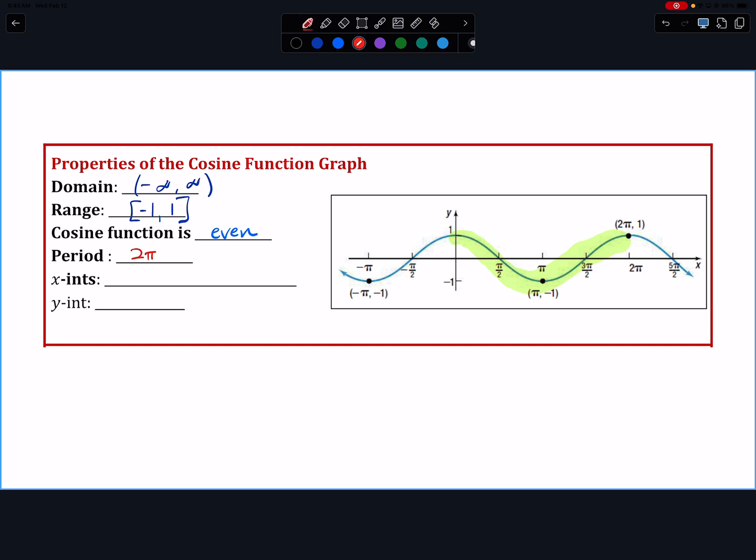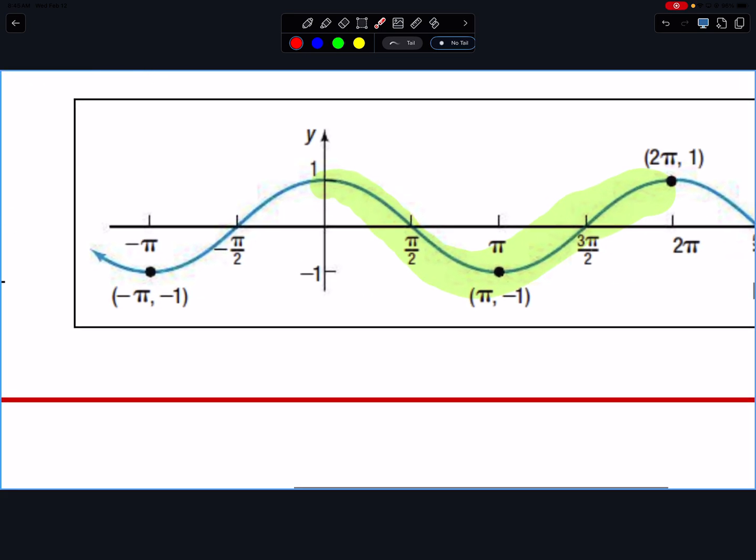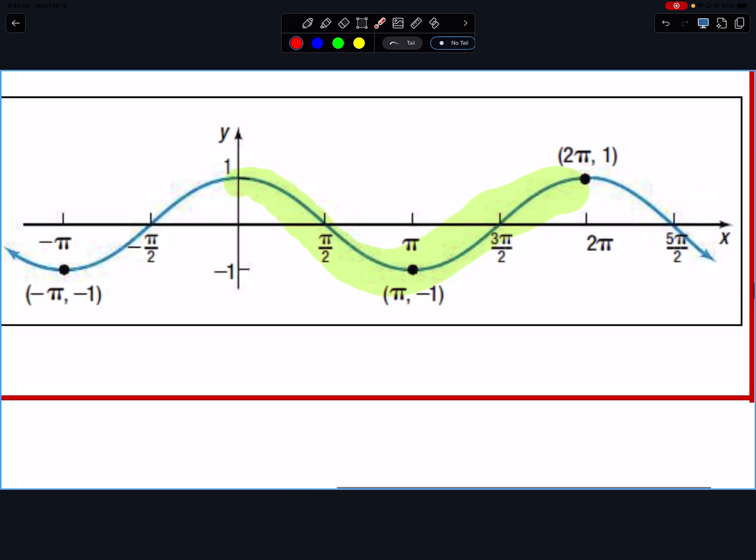Now the x-intercepts, what I want you to notice is they all have something in common. Negative pi over 2, pi over 2, 3 pi over 2, 5 pi over 2. What do all those numbers have in common? There's a pi over 2. But looking at the numbers more closely, do you agree this is like negative 1 pi over 2? And then 1 pi over 2, 3 pi over 2, 5 pi over 2.